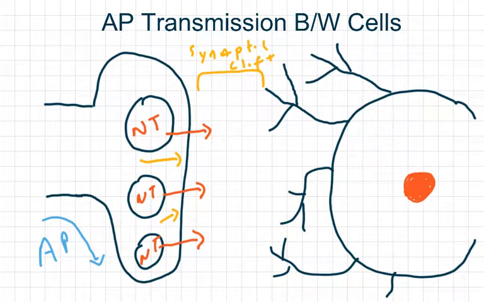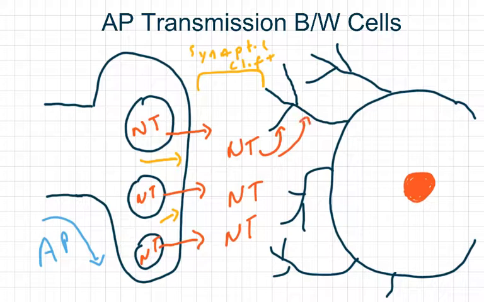And so what happens is these neurotransmitters flood this area and flow until they bind to their particular receptors in the dendrites. And these receptors in the dendrites are called ligand receptors.